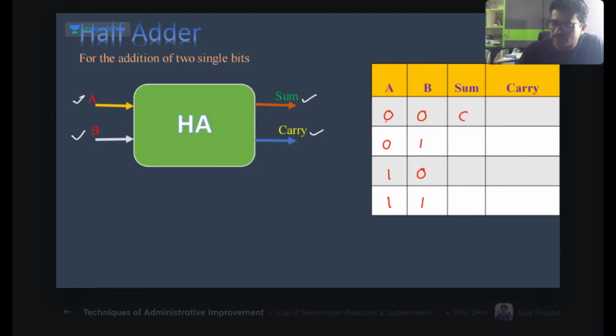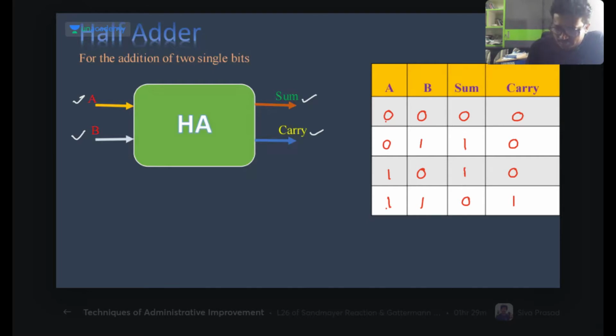Sum 0, and there is no carry. 0 plus 1, sum is 1, no carry. 1 plus 0, sum is 1, no carry. And 1 plus 1, sum is 0, carry is 1.